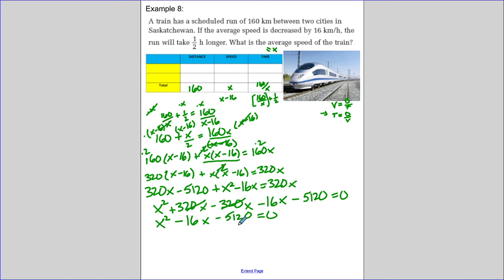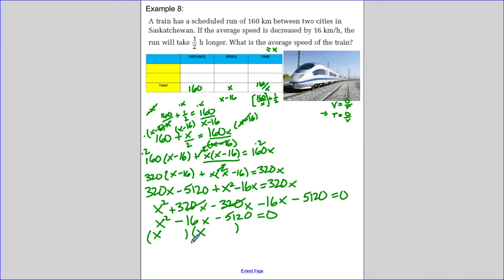This one is actually a type 1 trinomial. We could use the quadratic equation again, or you could try to figure out, maybe with a calculator, what two things can multiply to give 5,120 and add to give negative 16. I did go through and punch in some numbers instead of doing the quadratic. It actually didn't take too long once I realized that it went into 2, 4, 8, and 16 and all that kind of thing.